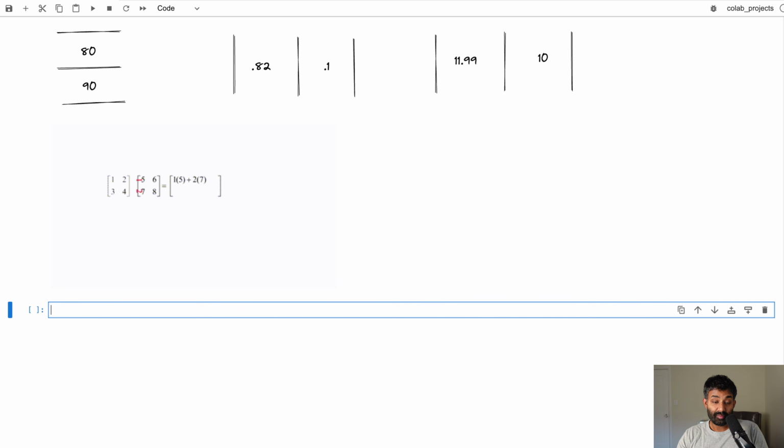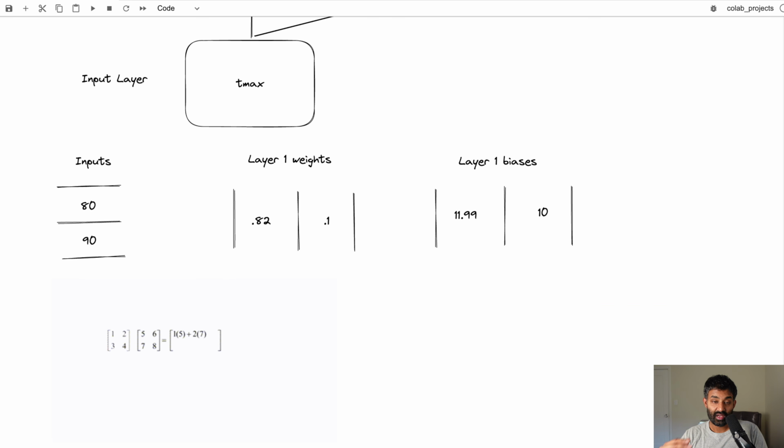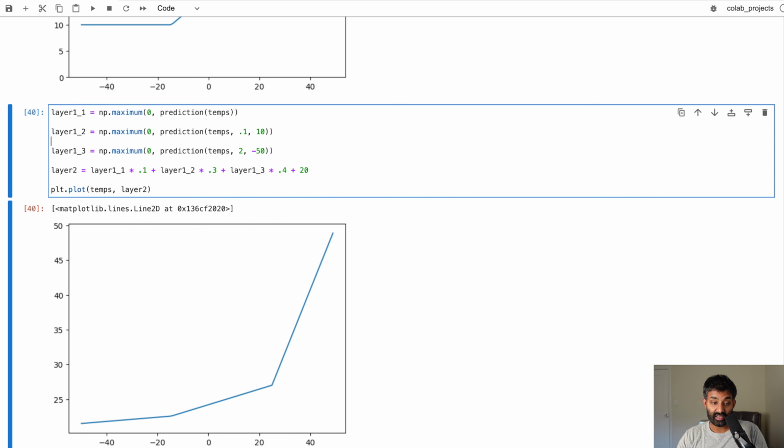When we're multiplying matrices, we take the first row and multiply by the first column. Then we take the first row and multiply by the second column. Then we take the second row and multiply by the first column, then the second column. So matrix multiplication is essentially a really efficient way to take inputs and multiply them by multiple numbers, just like we did here, right?